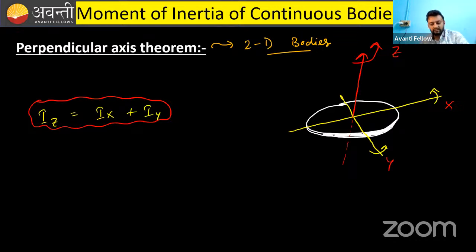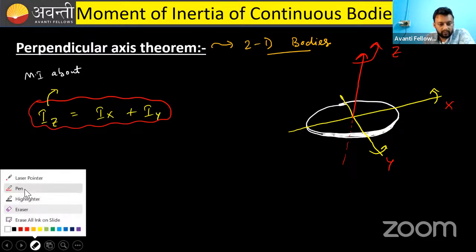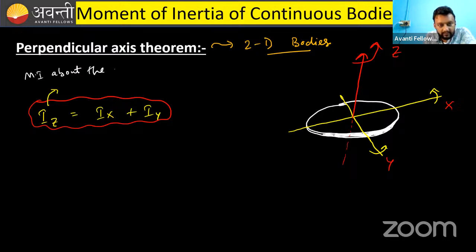Iz is equal to Ix plus Iy, out of which Iz is the moment of inertia about the axis perpendicular to the plane of the body.